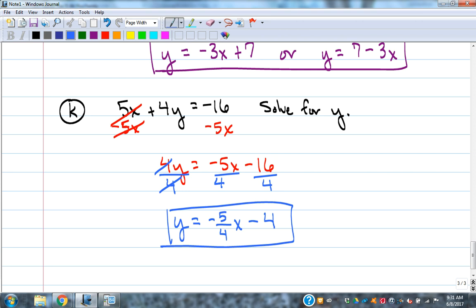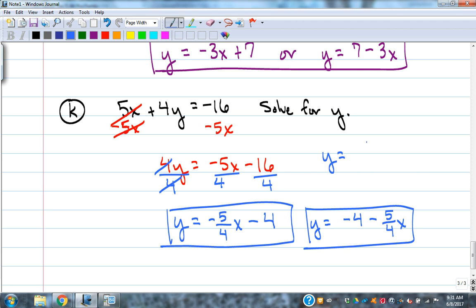Now, I'm going to show you a few alternative answers to this that are correct, but they're written differently. One of them is just changing the order. That's also correct. But the one that can throw you, that you might end up seeing, is one where you have the negative 5x minus 16, and then they draw it like that, and they don't divide them individually.